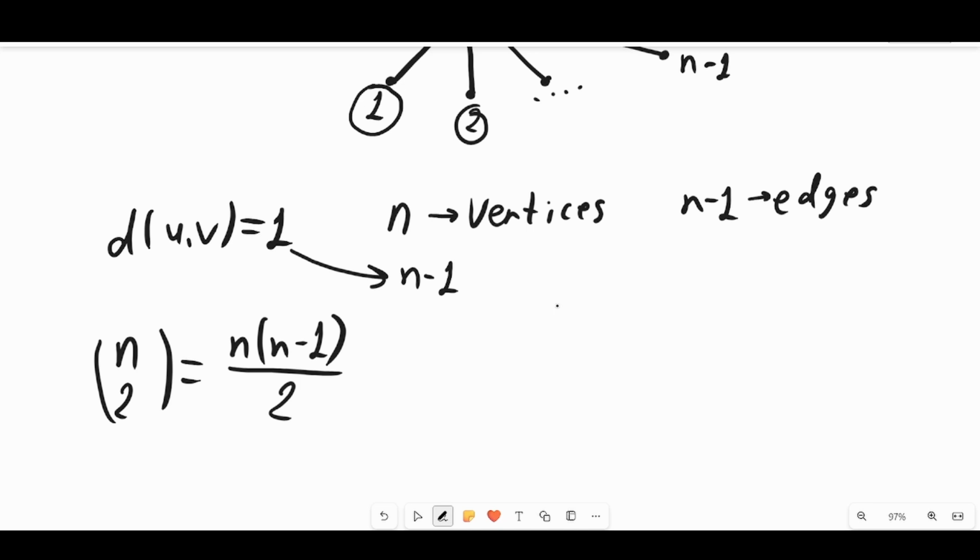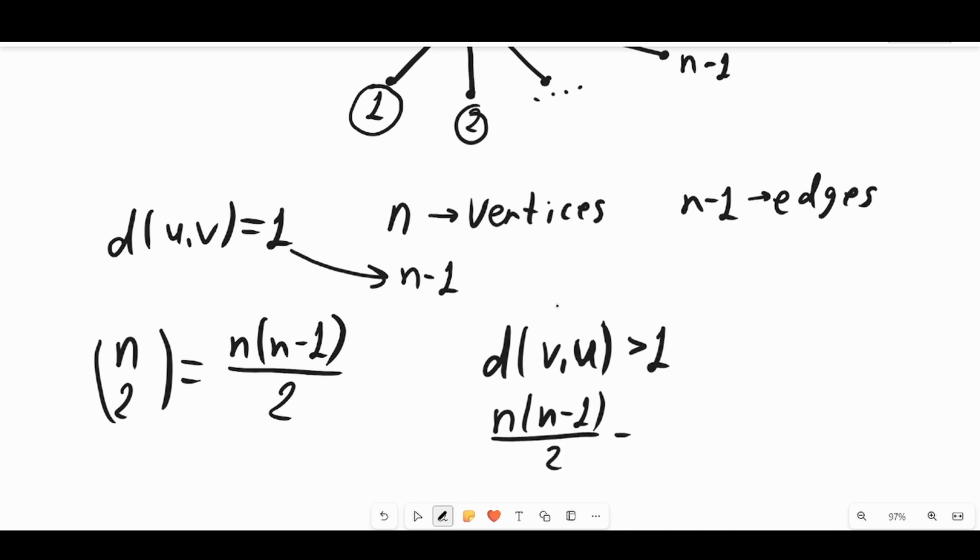Now, how can we compute the number of pairs such that d(u,v) is more than 1? To compute this, we need to subtract n minus 1 from n times (n minus 1) over 2, because this is the number of pairs with d(u,v) equal to 1. And we get (n minus 2) times (n minus 1) over 2. Clearly this is also an integer, because we have a product of two consecutive integers.